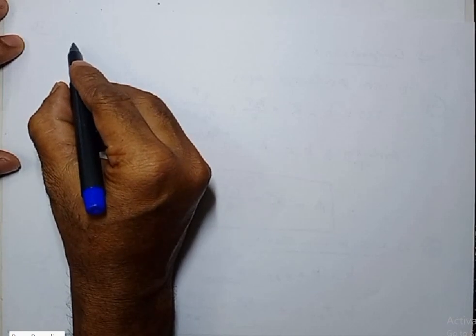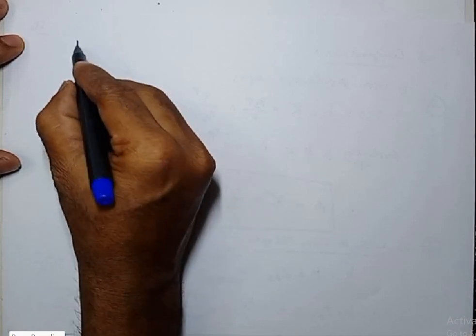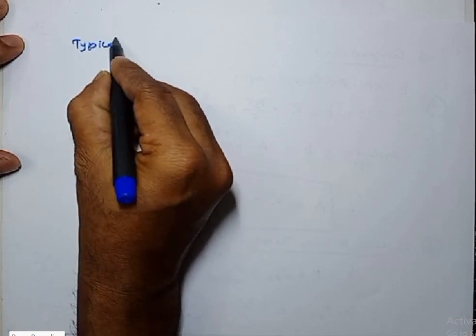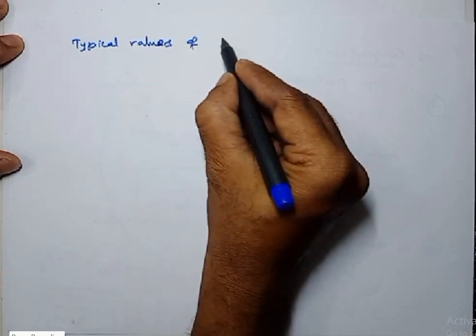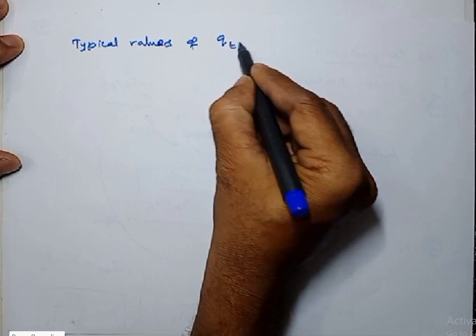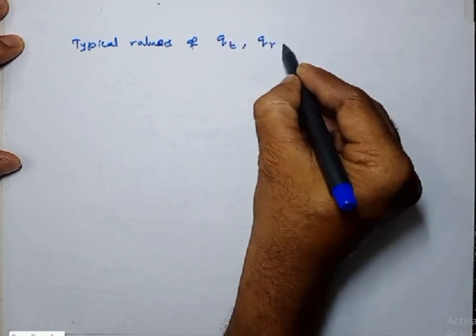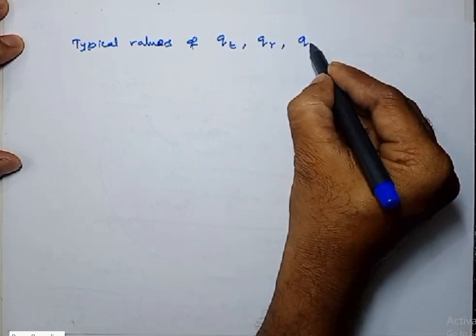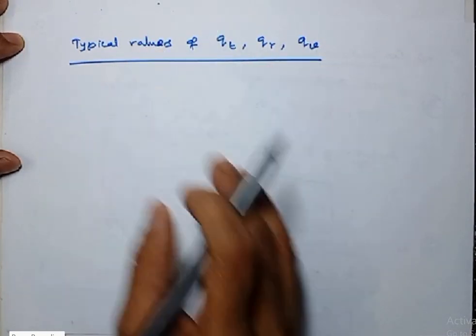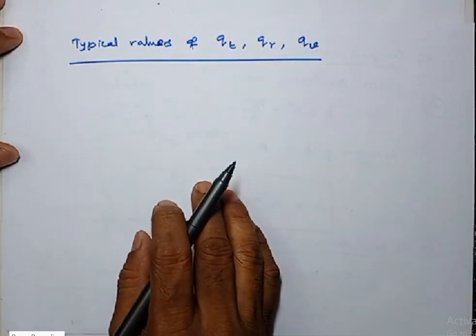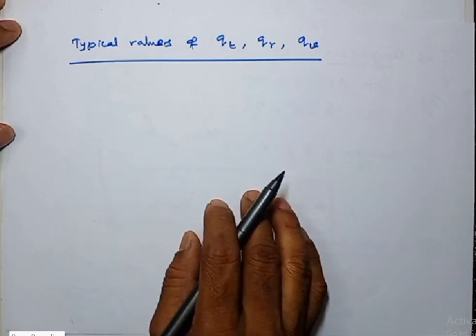The typical values of translation, rotation and vibrational partition functions are, listen, what are the typical values? Typical values of translation partition function Q_T, rotational partition function Q_R and vibrational partition function Q_V. We use these three partition functions in chemical kinetics theory or transition state theory.